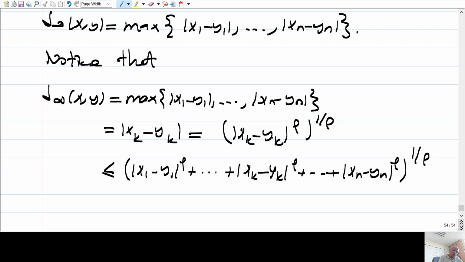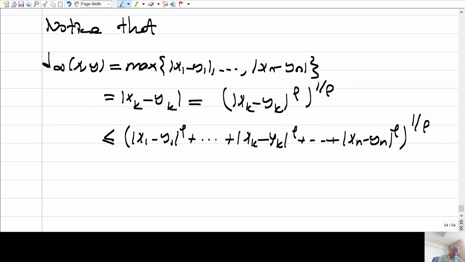Because I have already this term and I have some other positive terms. So clearly this expression is bigger than this one. But what is this? This is just D rho of xy, right?